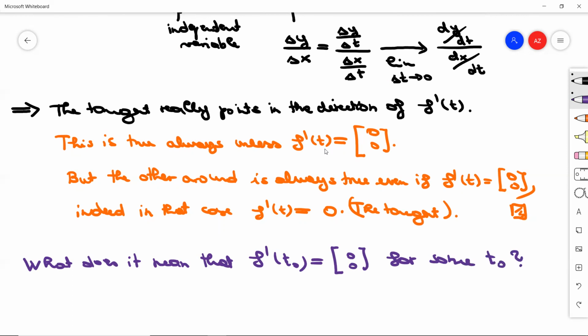What does it mean that this is 0? Does it mean that the tangent to the curve does not exist?